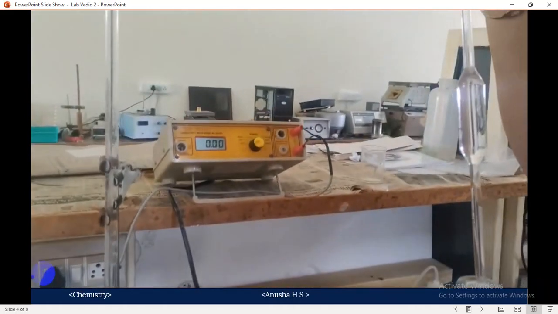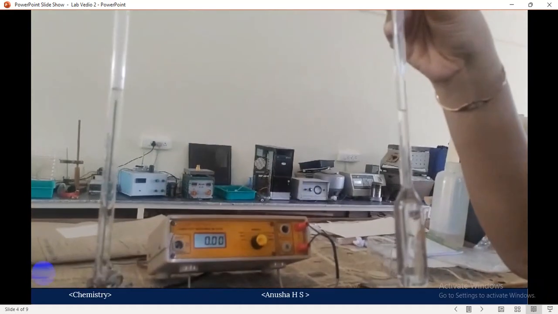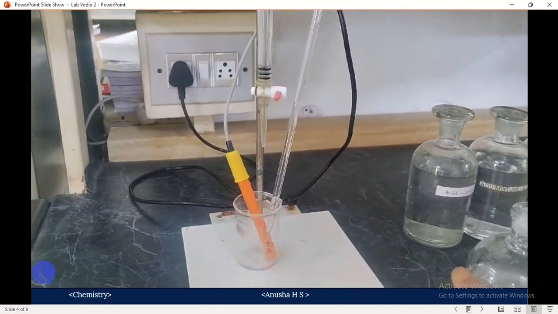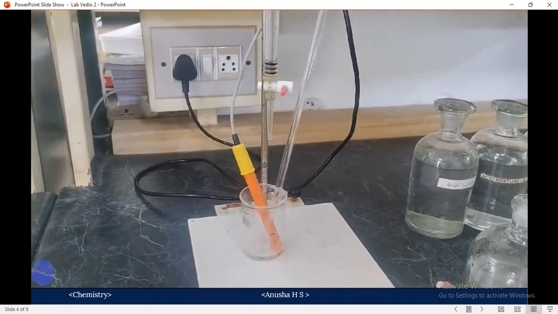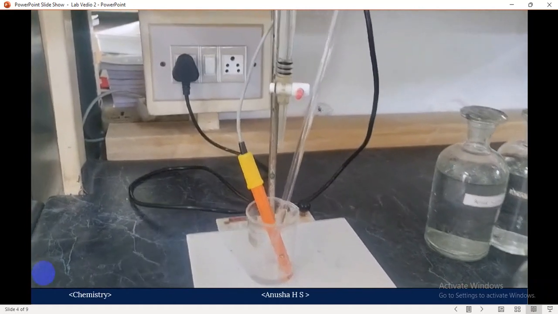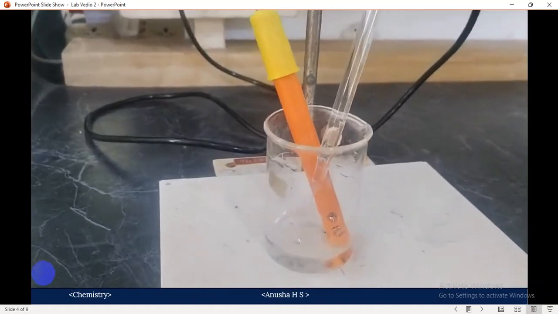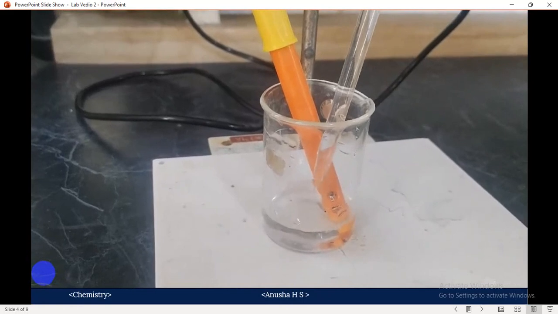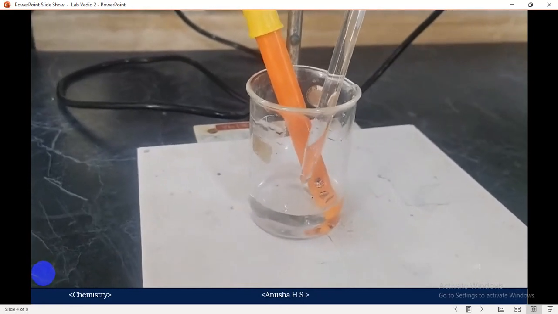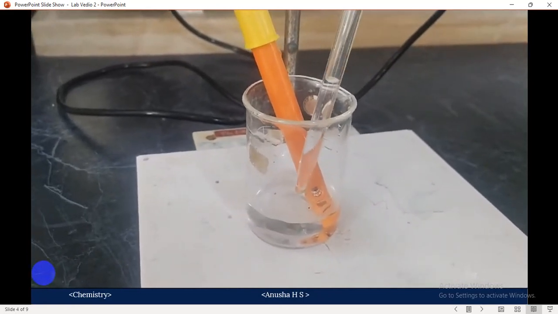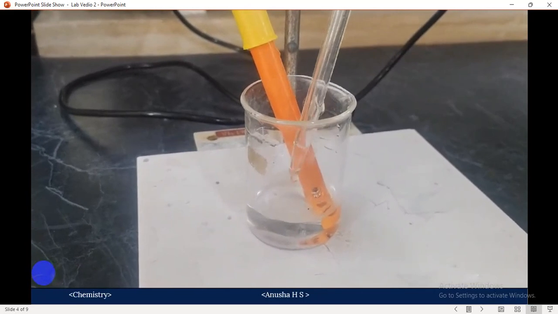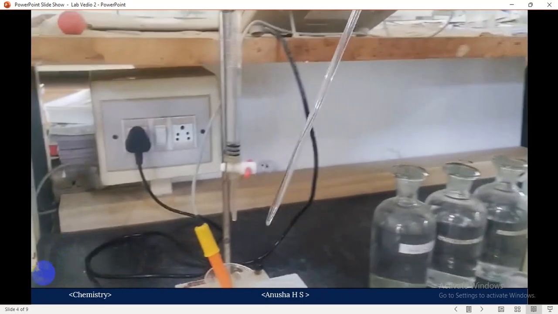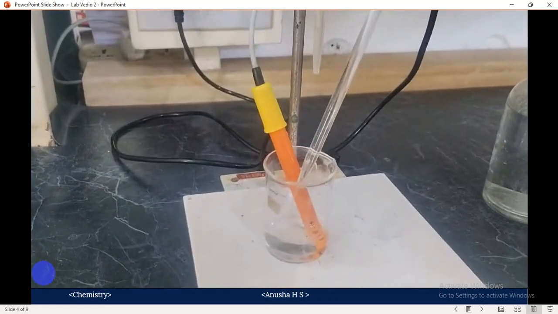First we pipette 25 cm³ of acid mixture into the beaker. Again, pipette out 25 cm³ of acid mixture into the beaker.